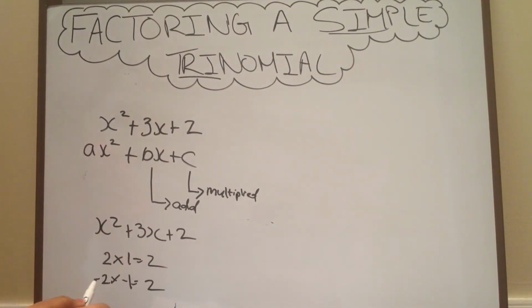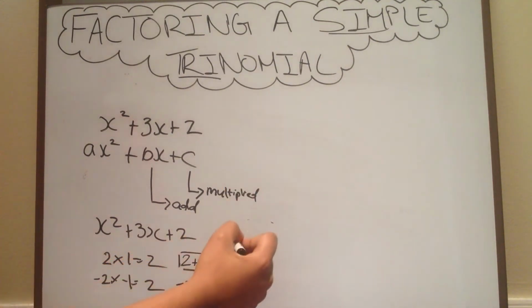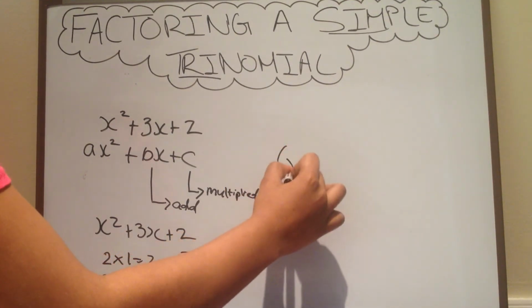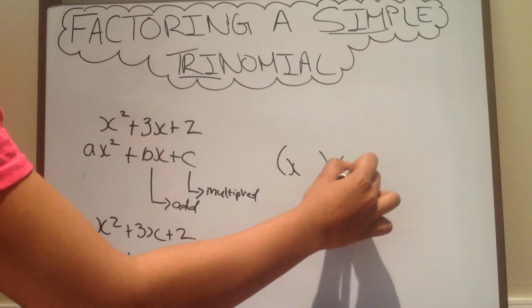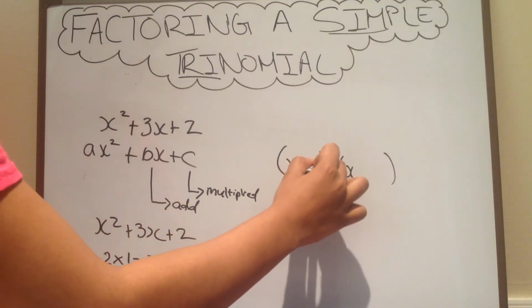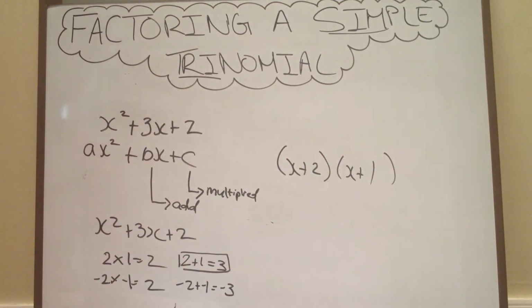So now you have to ask which two numbers give me plus 3. If you add 2 plus 1, you get 3. But negative 2 plus negative 1 equals negative 3. So what you want is 2 and 1. So now you know that the brackets are x plus 2 and x plus 1.